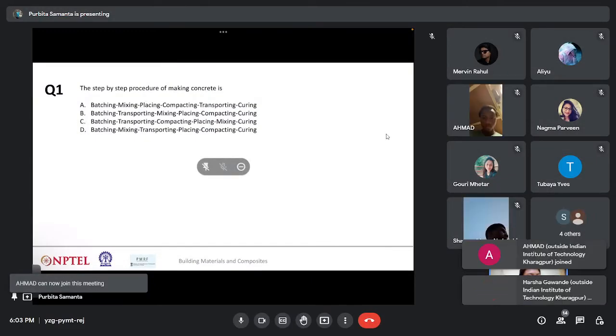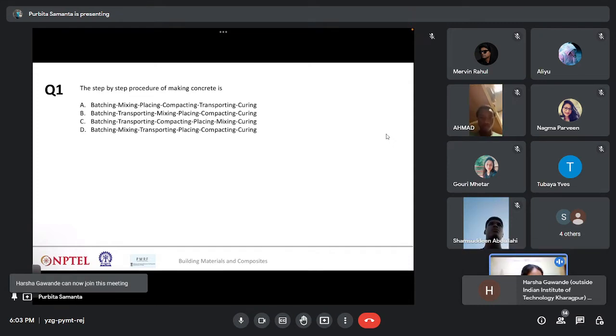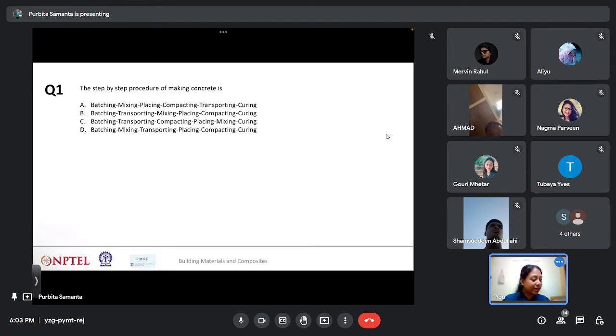Okay, so the first question is: the step by step procedure of making concrete is. You have got four options that involve batching, mixing, transporting, compacting, placing the concrete, and curing it. So what do you think would be the correct sequence?